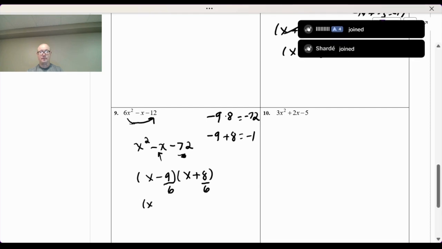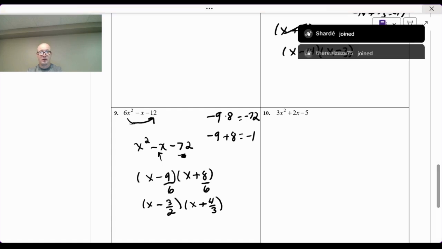So this would be x minus 3 halves when you divide by 3, and then this would be x plus 4/3 when you divide top and bottom of that fraction by 2.